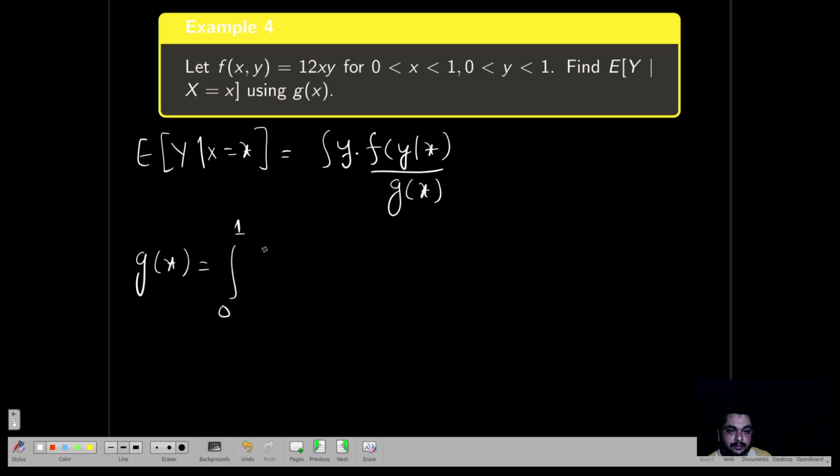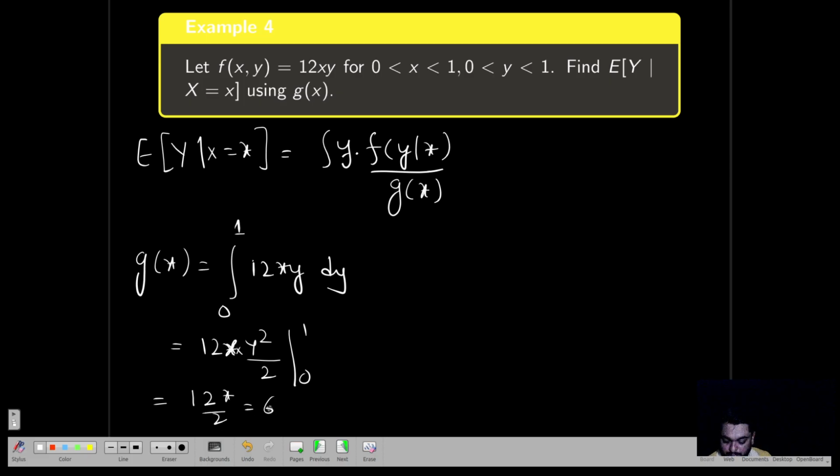What is f of x comma y? 12xy. And then integrating over y, this will come out to be 12x into y square divided by 2, in the interval 0 to 1. Put those values. So 12x divided by 2 is equal to 6x. 6x is g of x.